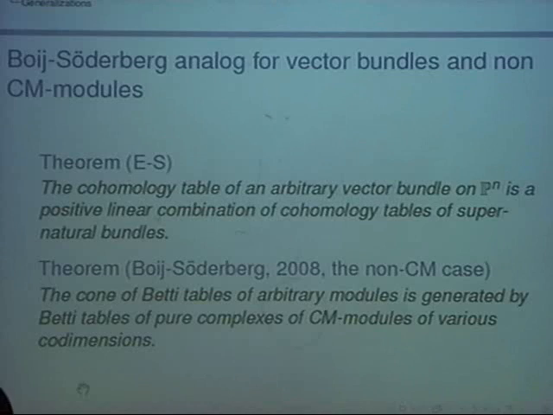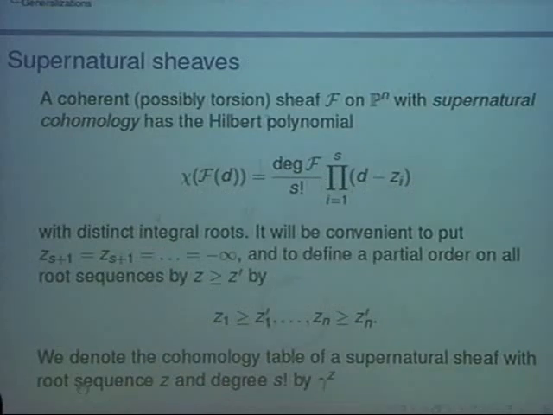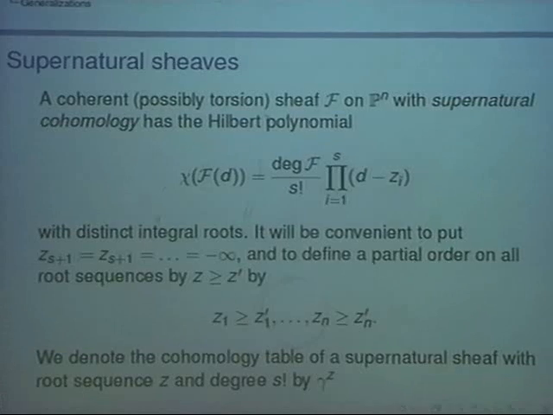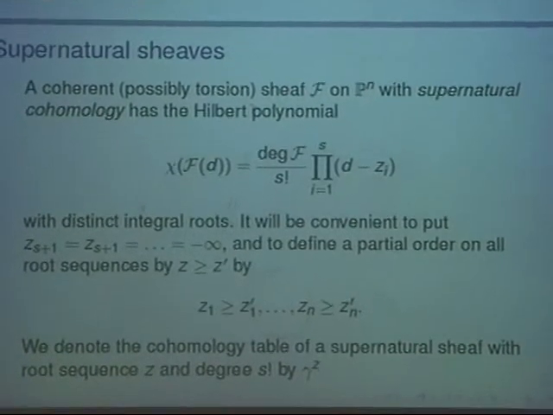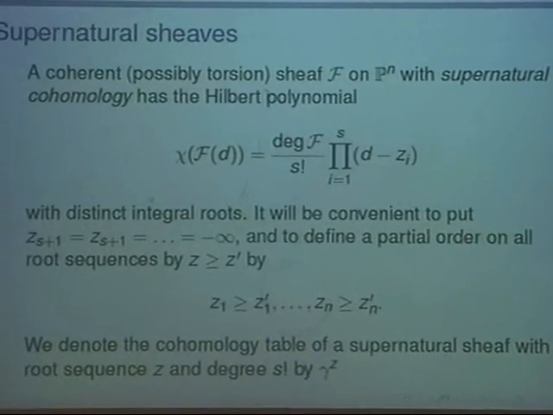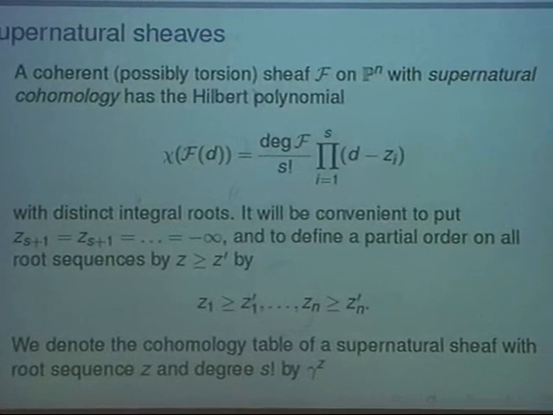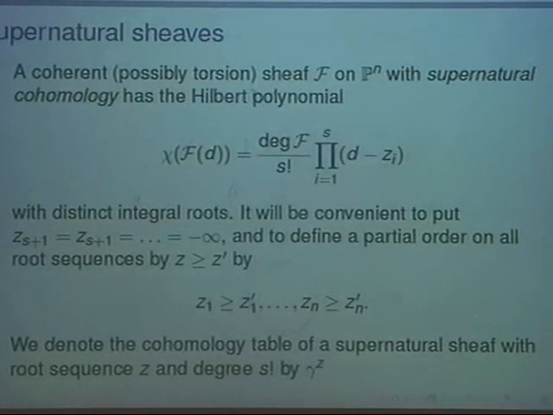So the analog of the second result should be a theorem about sheaves. So we can speak about supernatural sheaves. I guess actually I defined that. So supernatural again means that for each twist only one H^i of F(d) is non-zero. And then "super" means that we have integral roots.